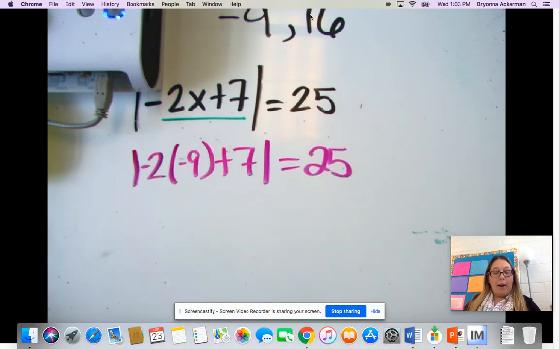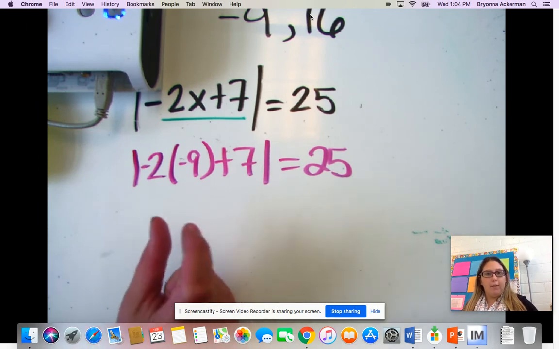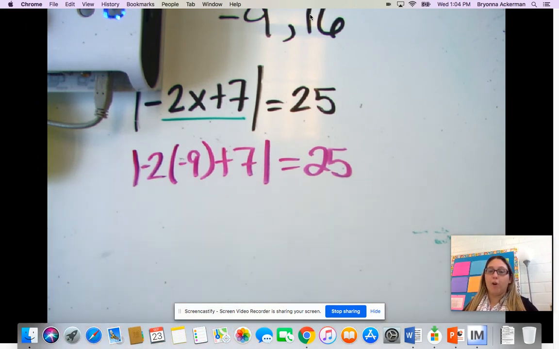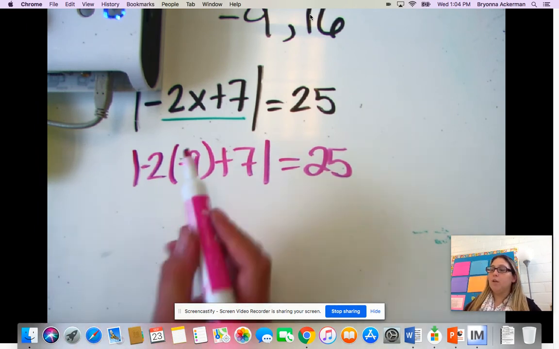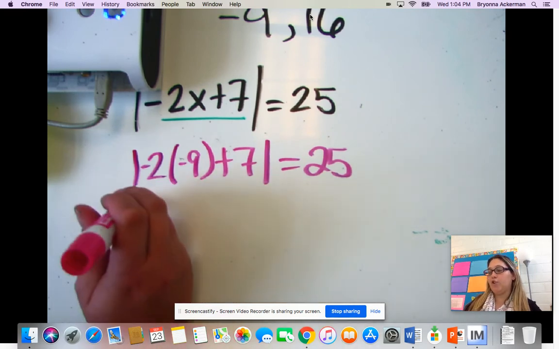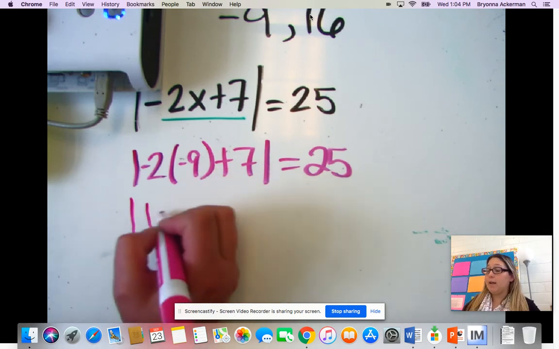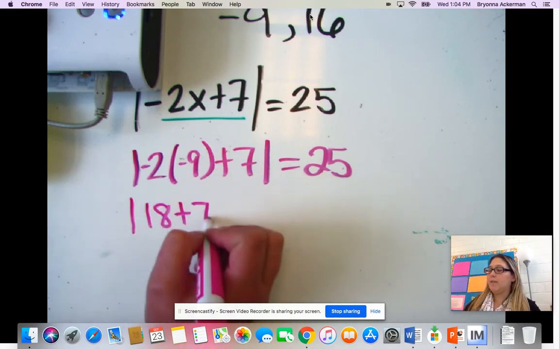And so this is why we practiced order of operations last week. Because once we do this, we need to say, okay, the inside of the absolute value is first. Within there, you need to multiply first. So you get negative 9 times negative 2. A negative times a negative is going to be a positive, so we're going to get positive 18 plus 7.